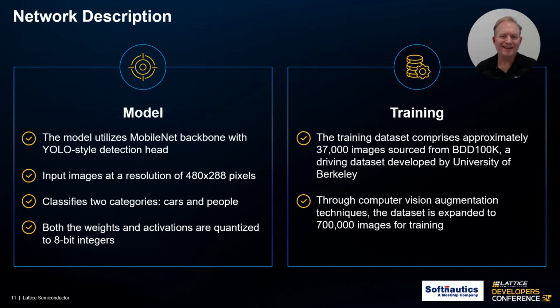In terms of the data we're feeding into the model, it's 480 by 288 pixels, and the model is set up to categorize 2 kinds of objects, cars and people. And we built the model using 8-bit integer for both the activations and the weights. This is a fairly common optimization for edge AI.